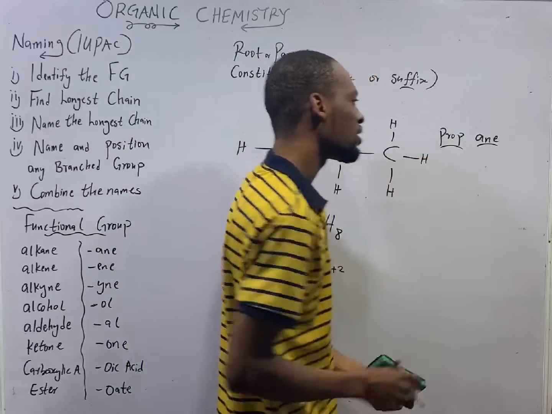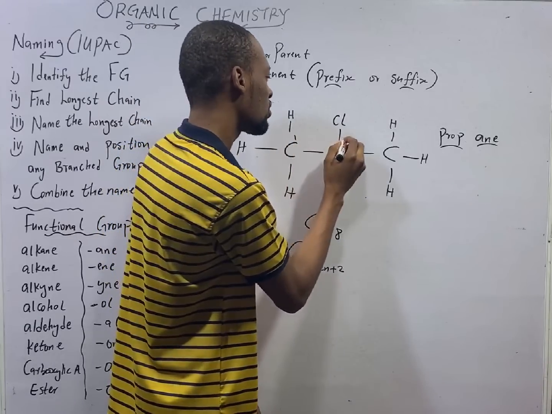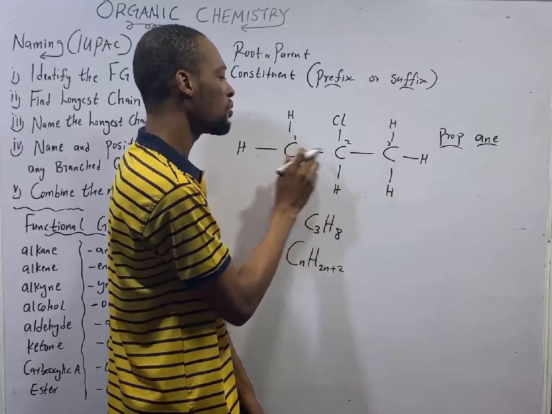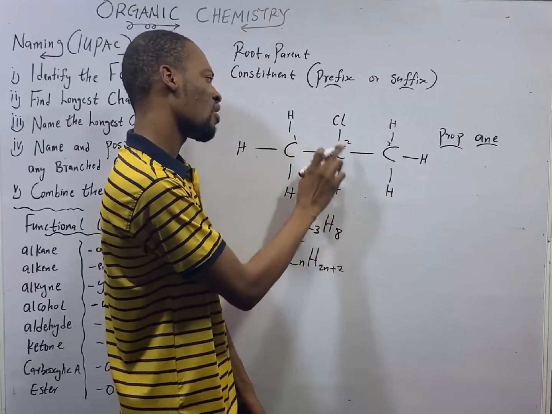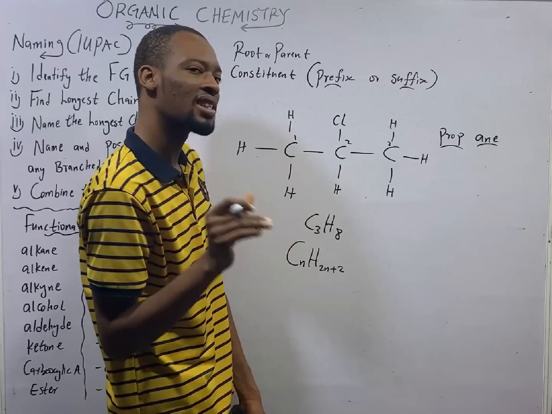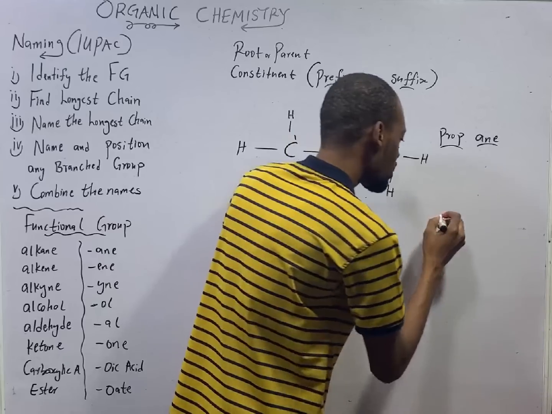Prop remains. But when you count the carbons, 1, 2, 3, or 1, 2, 3, you see that on the second carbon there is chlorine. When chlorine is added to a compound, we don't say chlorine, we say chloro.